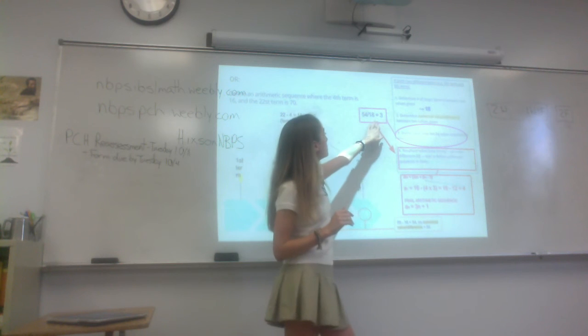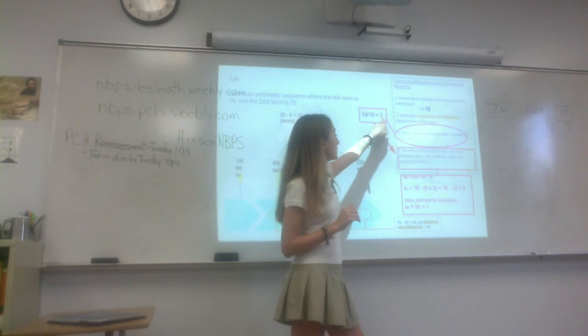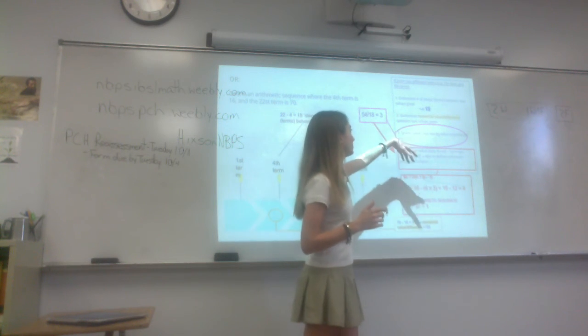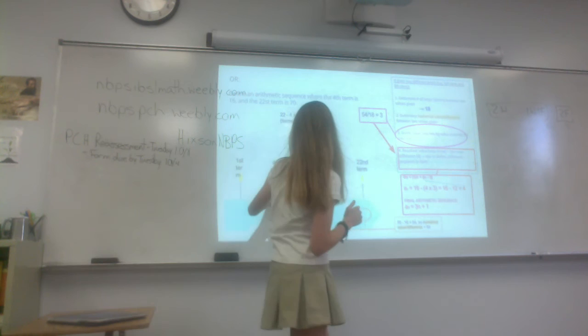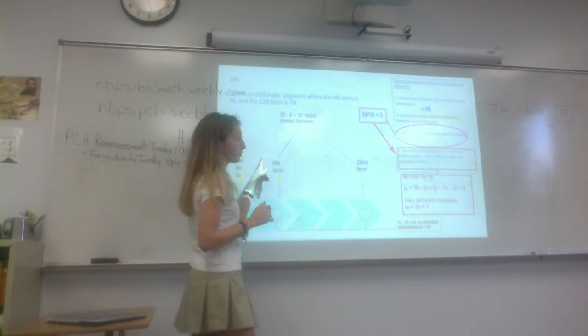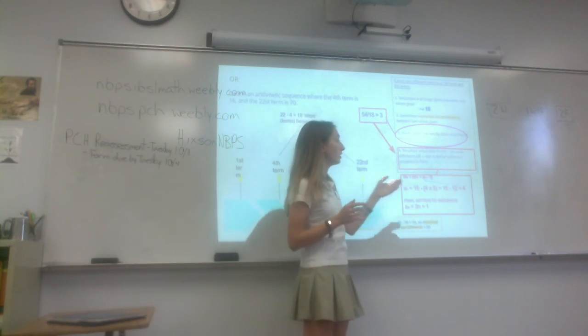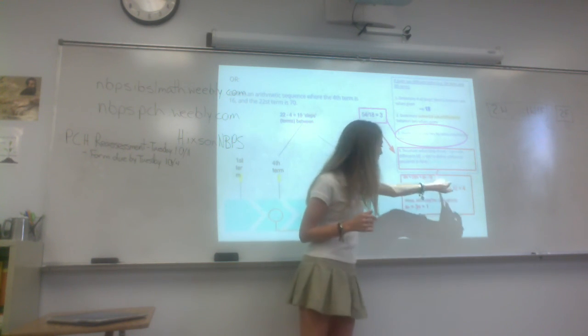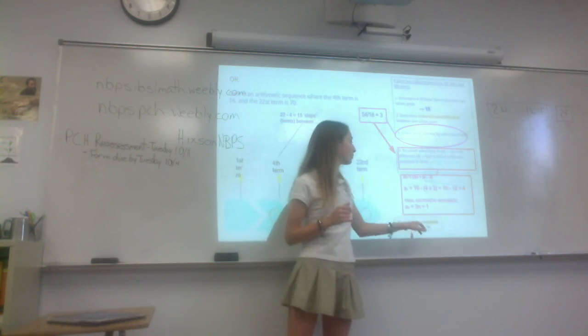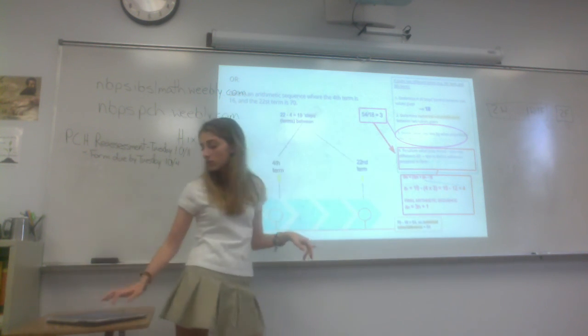Okay, and what we would multiply is 3 times 3, which would be 9. So 16 minus 9, because that's the value for the 4th term. And that's how we find a sub 1, minus 3, sorry. And that would give you the resultant arithmetic sequence.